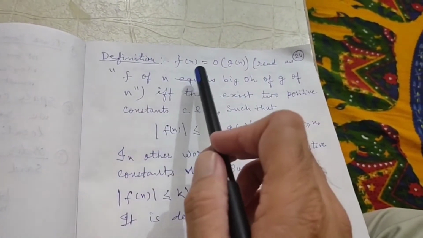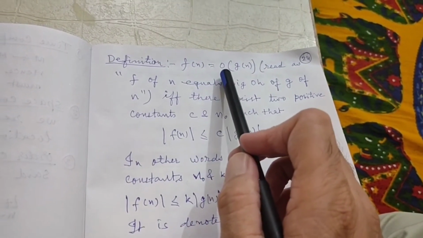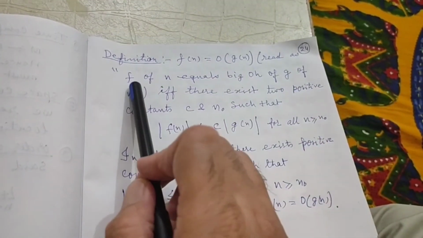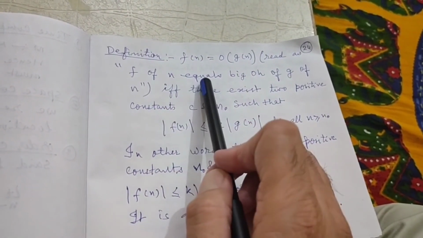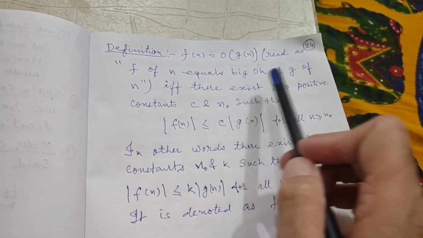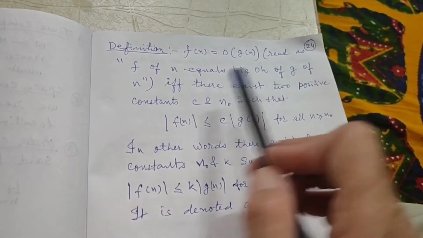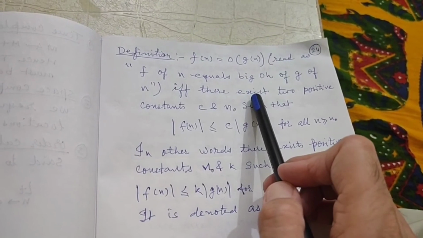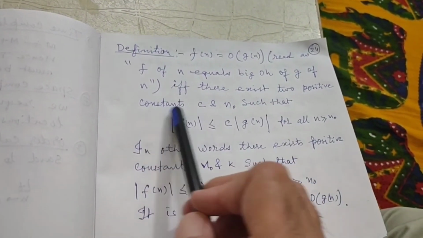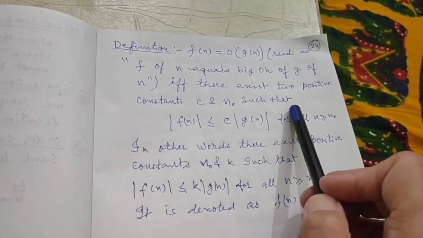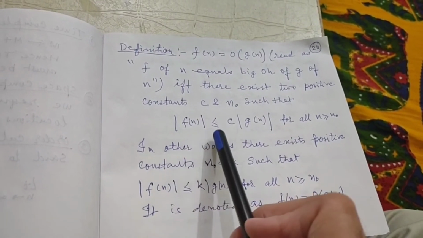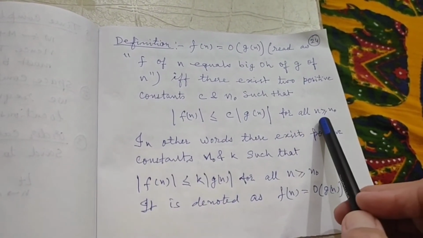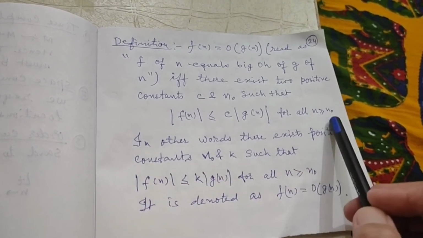Definition. f(n) equals O(g(n)), read as f of n equals big O of g of n, if and only if there exist two positive constants c and n0 such that f(n) is less than or equal to c times g(n) for all n greater than or equal to n0.